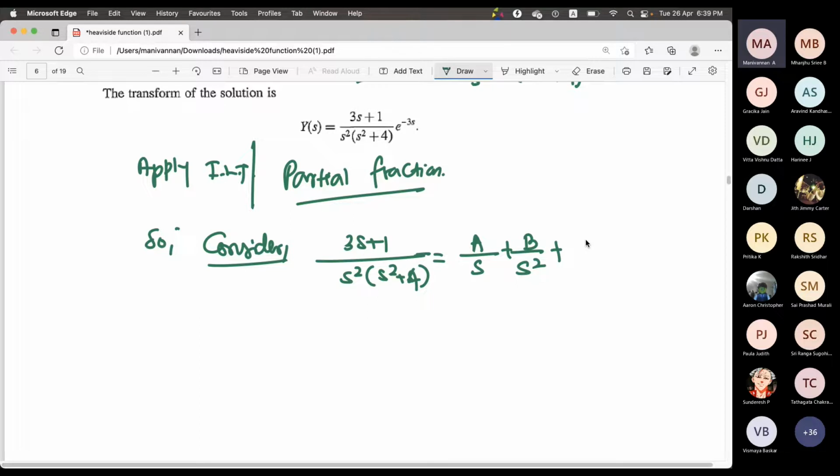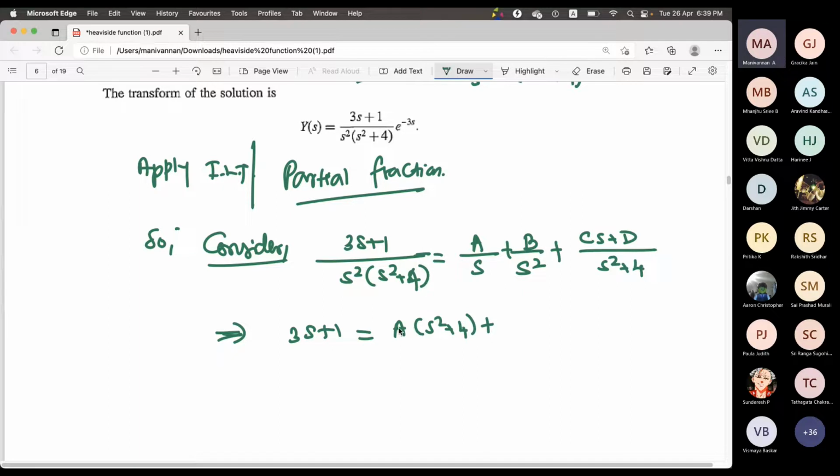So what will be the things? For the s square plus 4 term, it is Cs plus D. If I'm doing that, then this 3s plus 1 will be the same as A into s square plus 4.